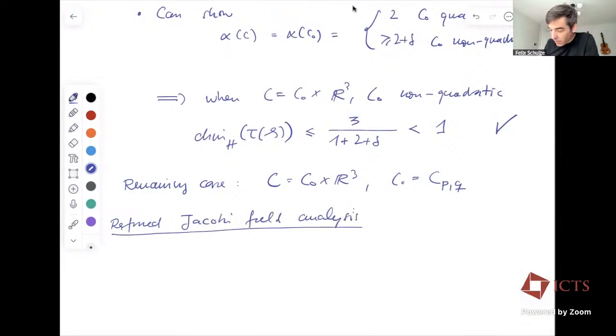So the idea is now, these cones we can write down, we know how they are, and we can try to understand the Jacobi fields on these cones much better. We have really models now, so we have a very good understanding of these Jacobi fields on CPQ.